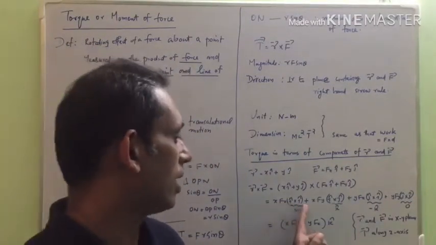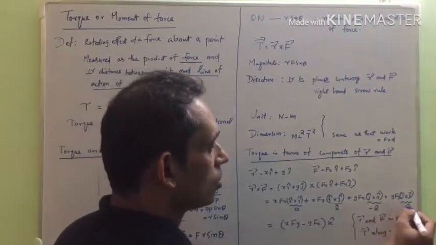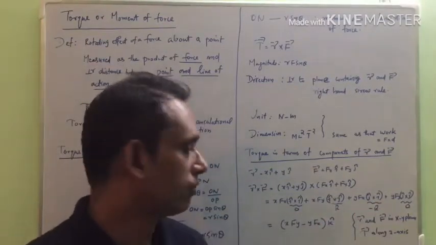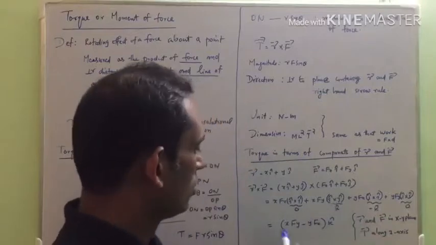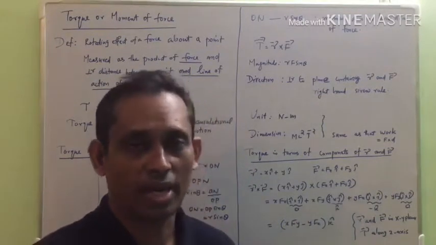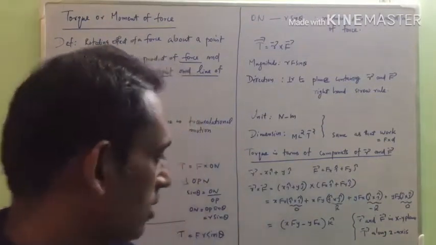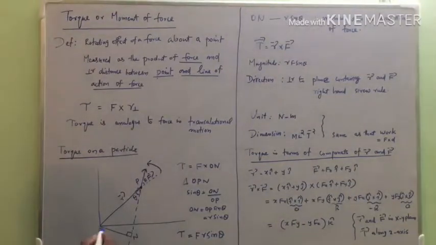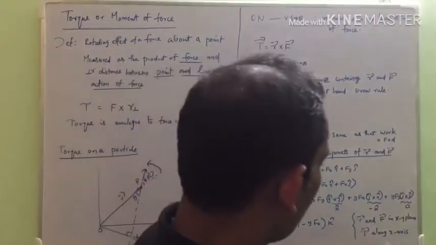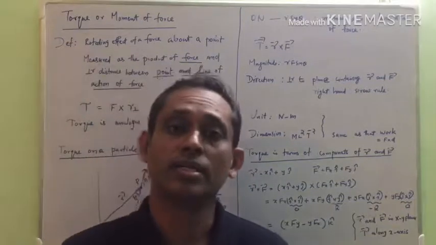The cross product of i with i is 0, and j cross j is also 0. i cross j is k, and j cross i is the opposite, minus k. So this will be (x Fy minus y Fx) k. What is k? k is the unit vector in the direction of the z-axis, which is perpendicular to the plane. So if r and F are in the xy plane, the torque is along the z-axis.